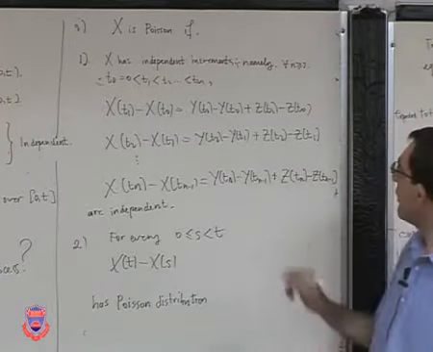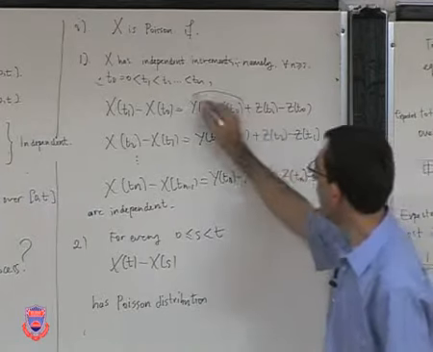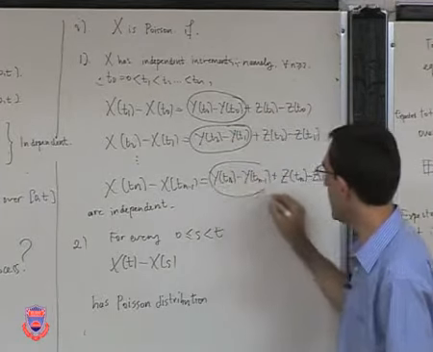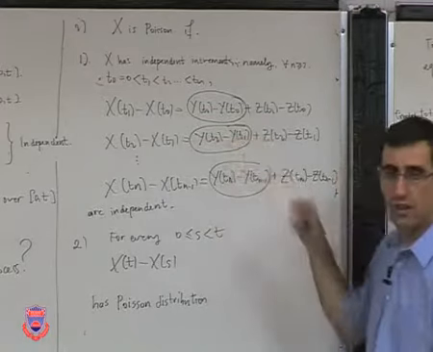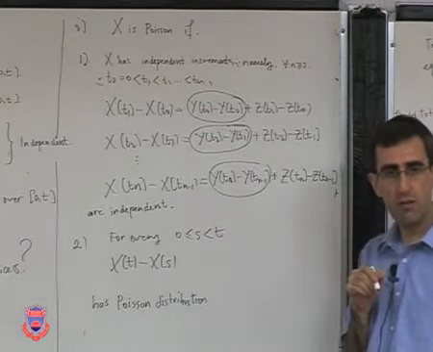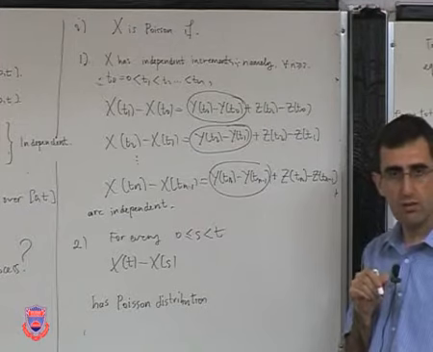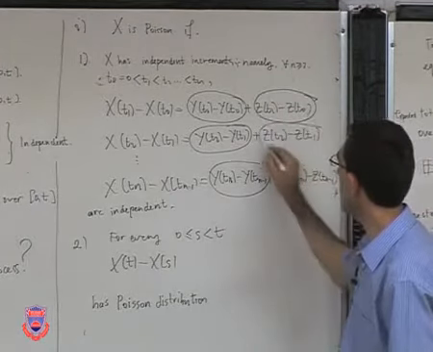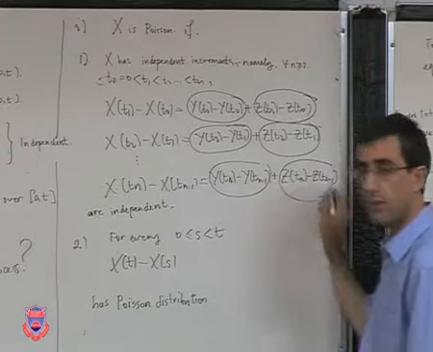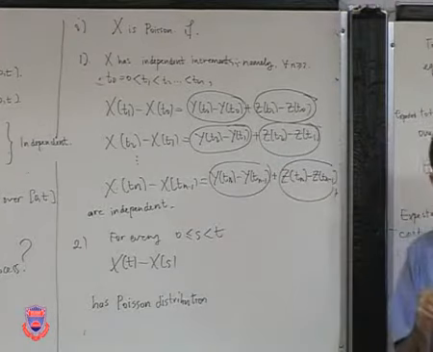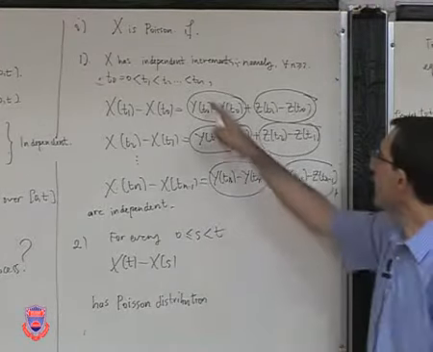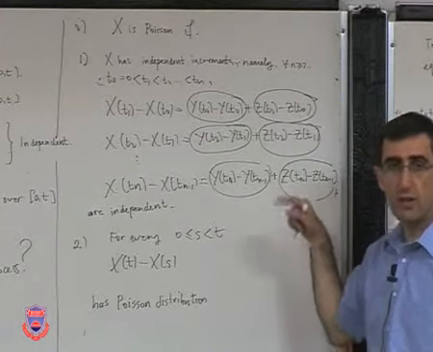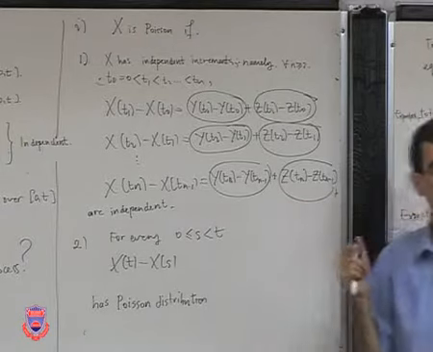Now, when you write all these things, since y is itself a Poisson process, all these increments are independent of each other. And since z is itself a Poisson process, all of its increments are independent of each other. And increments of y and increments of z are independent of each other because processes y and z are independent.